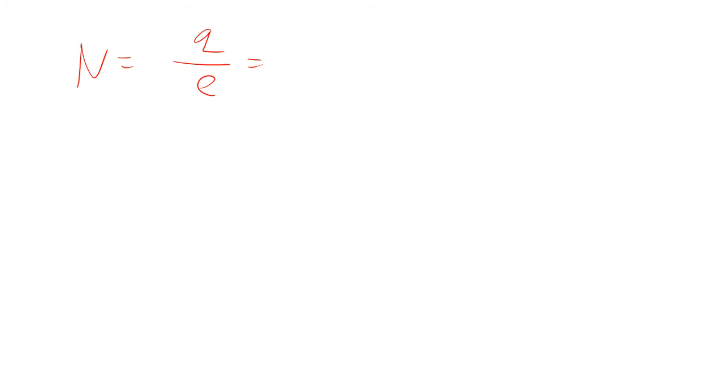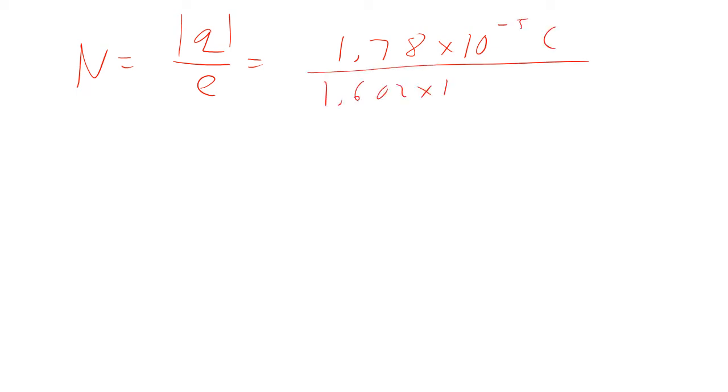And so I'm going to just take absolute value here. So that would be 1.78 times 10 to the minus 5th coulombs divided by 1.602 times 10 to the minus 19 coulombs. And so that comes out to be 1.12 times 10 to the 14th.